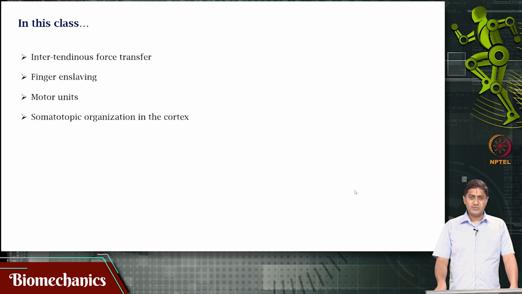Then we will look at possible causes of finger enslavement. We will continue this discussion in the next week in much greater detail, looking at some research articles on what possibly causes finger enslavement. In this video, I will just introduce this and give some hints about this topic.